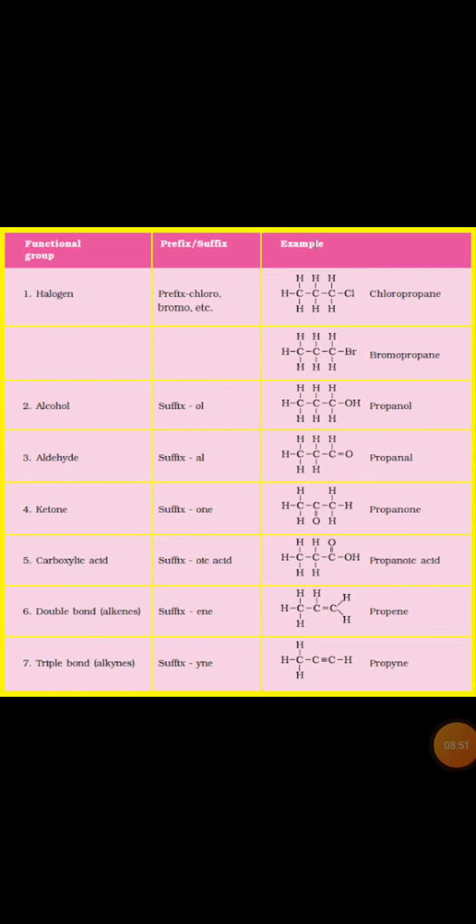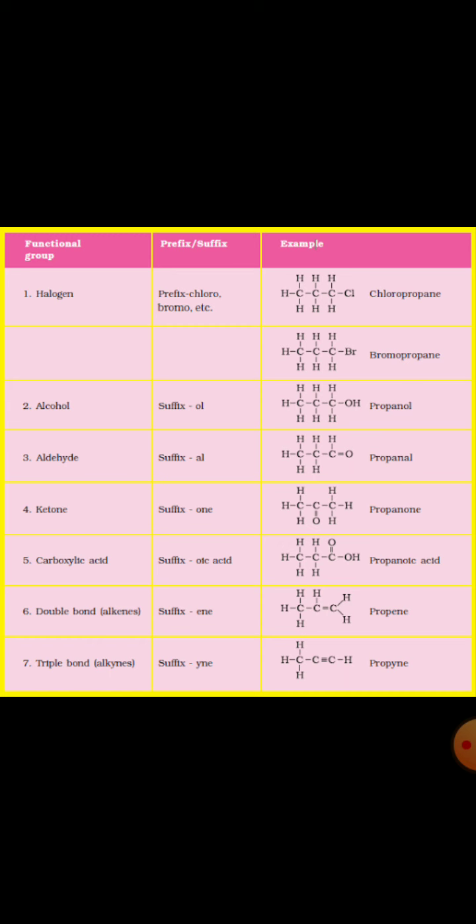So from propane, e will be removed and al will be added. So it became propanal. The next we have is ketone. Ketone is C double bond O, right? So for ketone, we have suffix one. Same example we are taking as propane. So from propane, e will be removed and one will be added. So it became propanone. Here we have taken the same example for all the groups.